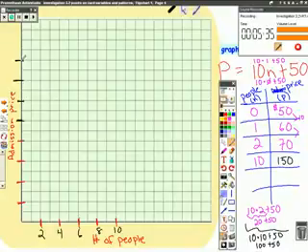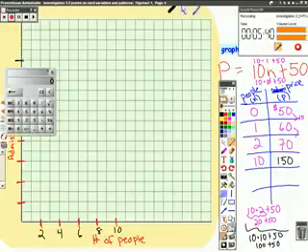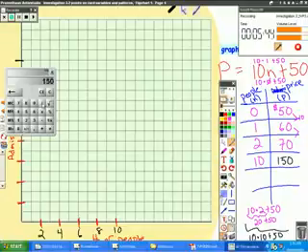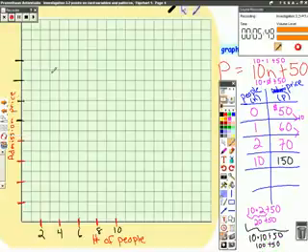So if I have 8 lines, man, you guys are making me do too much work over here. I have to get it to 150 divided by 8 scale marks. So I can count by 20s. So 20, 40, 60, 80, 100, 120, 140, 160. All right. So we have that.